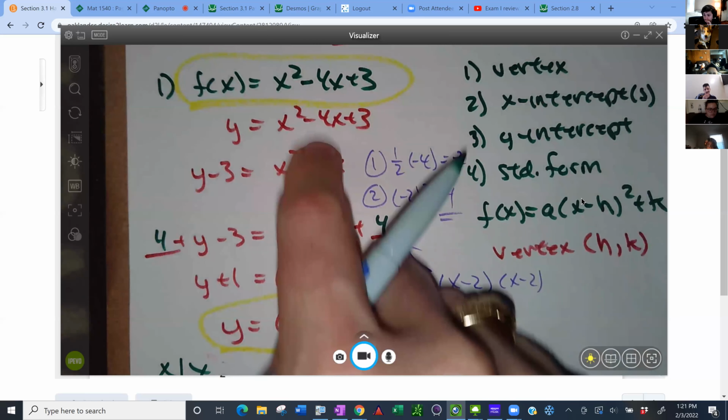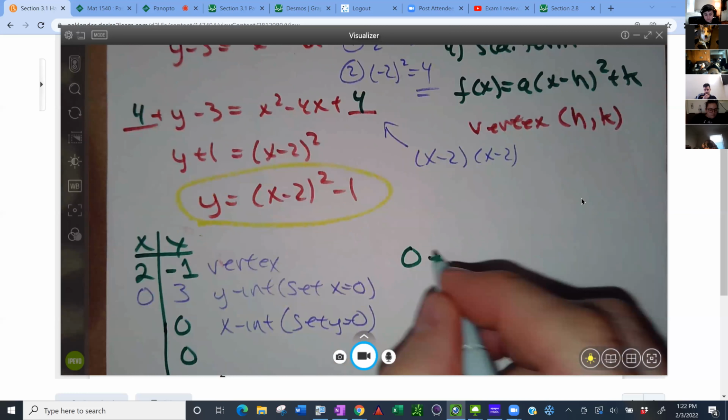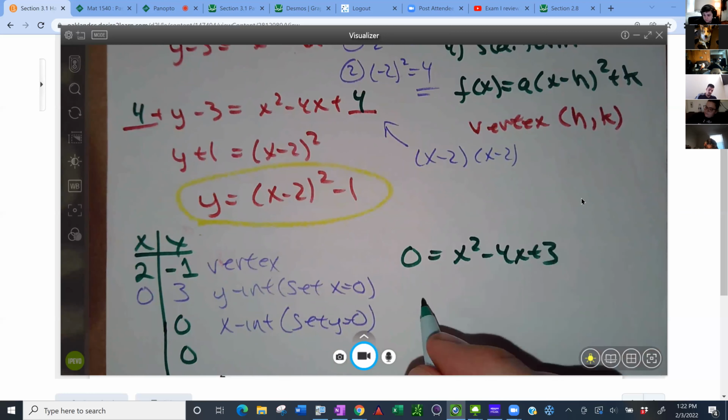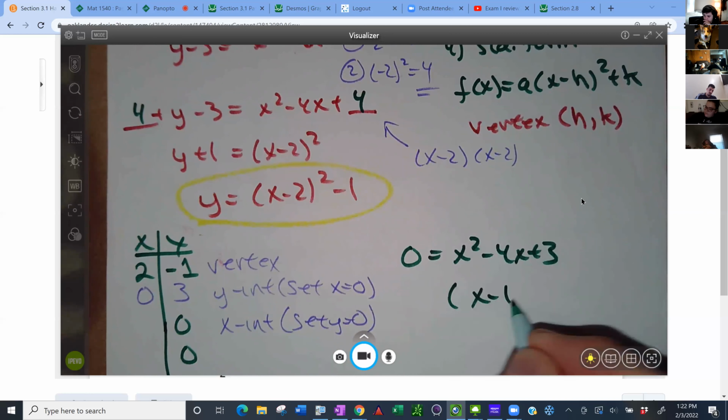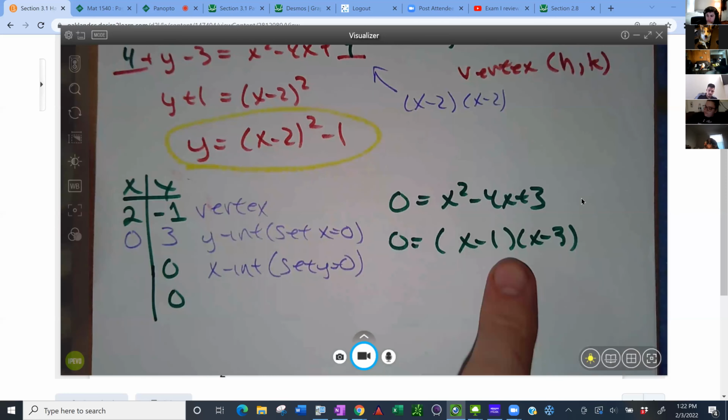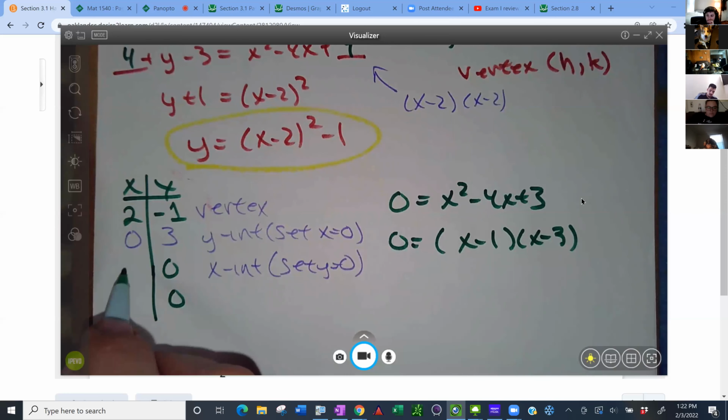I'm going to choose to do it up here because it looks like that's going to factor. x squared minus 4x plus 3 is x minus 1 times x minus 3. And I hope you can read off your x-intercepts. You've got them at 1 and 3. Beautiful. So I know pretty much all the important things to know about this graph just by working with some algebra, not even opening up decimals at all.